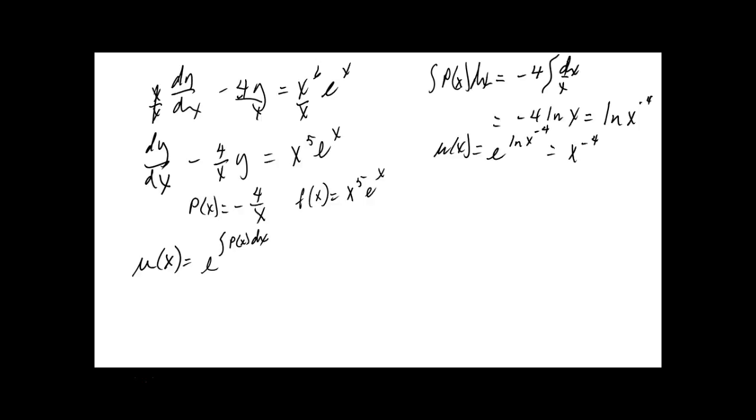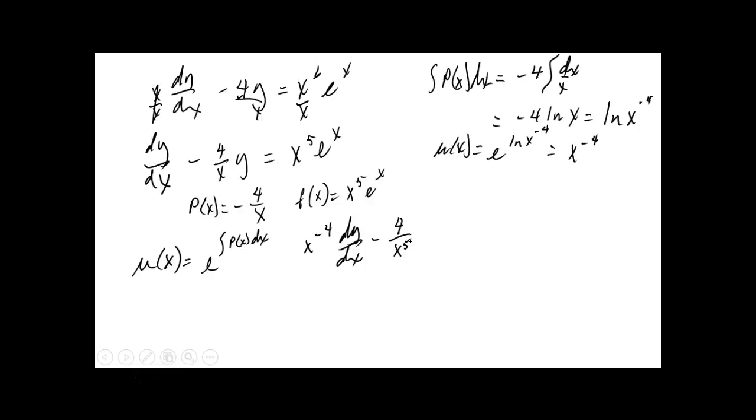Okay. What we're going to do, if you remember the process here, you multiply this through by everything on both sides. Okay? And this would be x to the minus 4 dy/dx minus 4, and this is x to the minus 1, and we're multiplying by that 4 over x to the 5th.